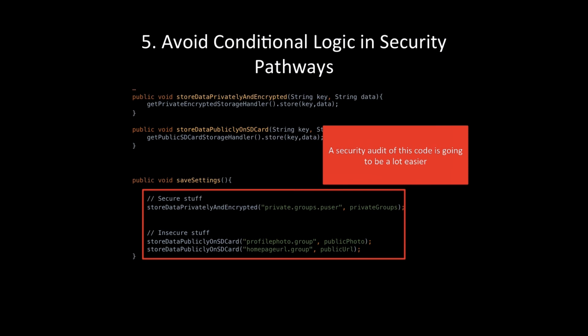And that gives us more information for reasoning about whether or not that is an okay security decision to make. Similarly, we can see that the profile photo and the homepage URL are both being stored publicly on the SD card. And then we can reason about, is that okay or not?